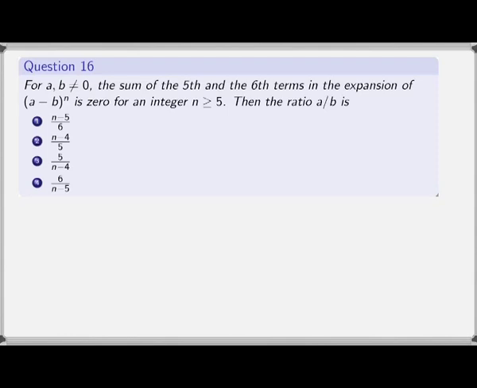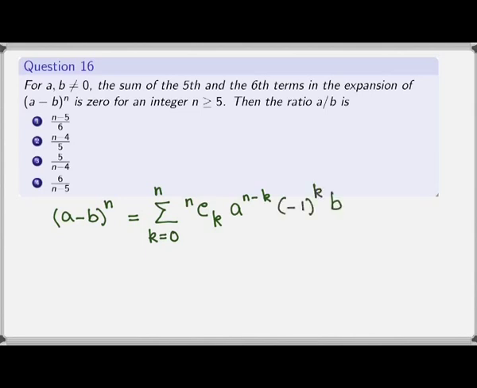We first write down the binomial expansion of (a minus b) whole to the power n. This is equal to sum running from k equal to 0 up to n, nCk a to the power n minus k into minus 1 to the power k into b to the power k.